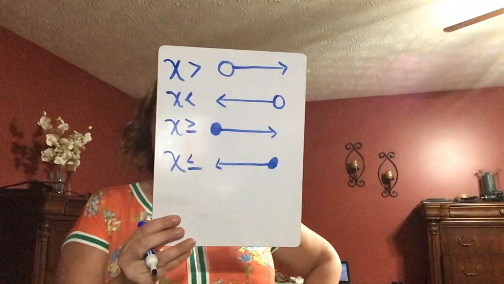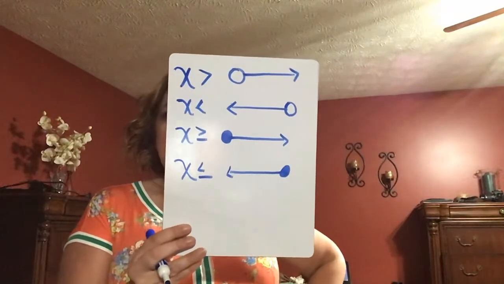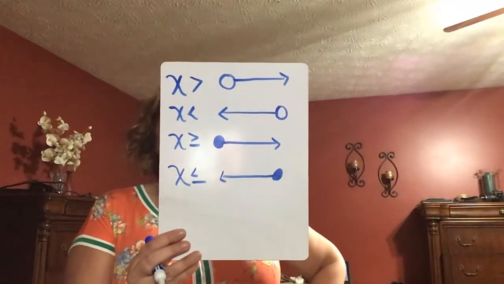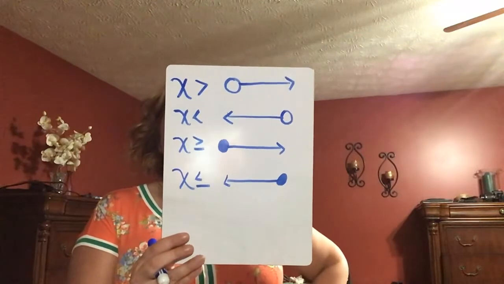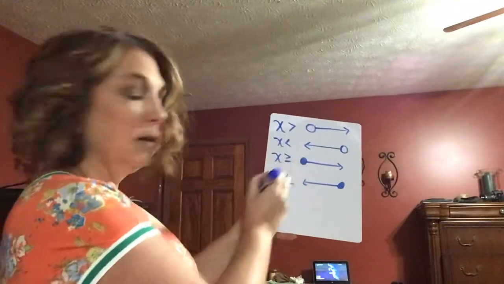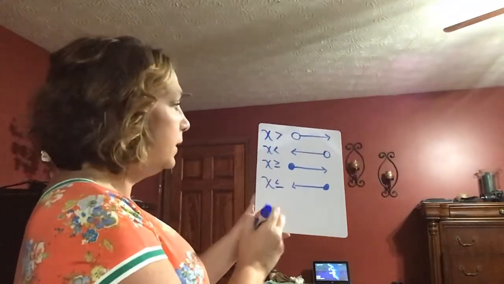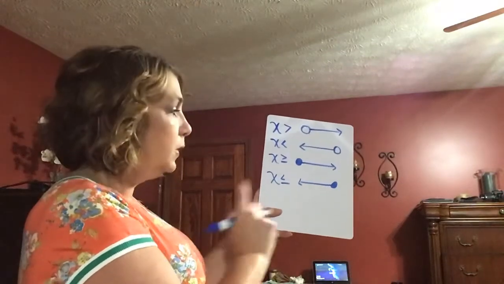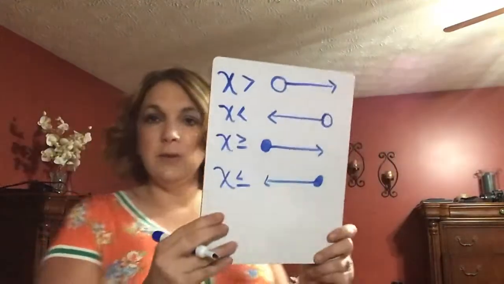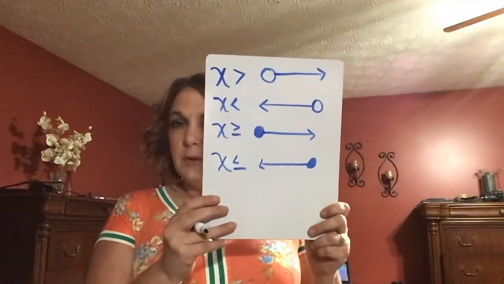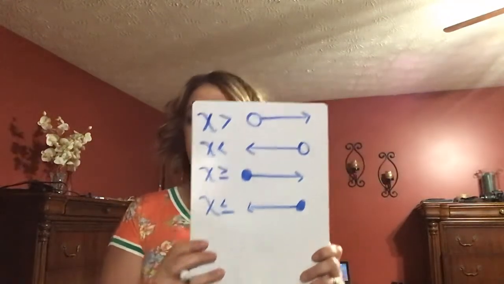This is probably one of the most important things you can take out of this. The thing to remember is x must always be on the left-hand side of your inequality for this to be true. You can always flip it like we did with our equations when things didn't look right.